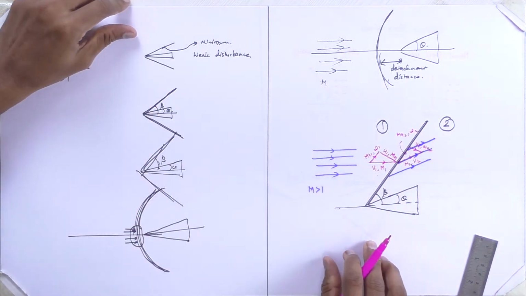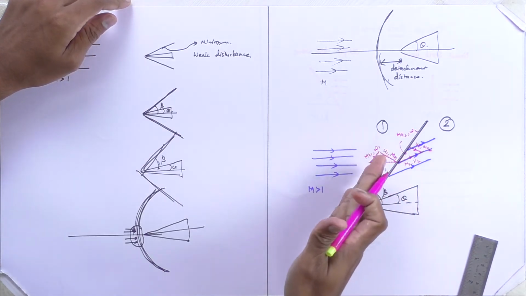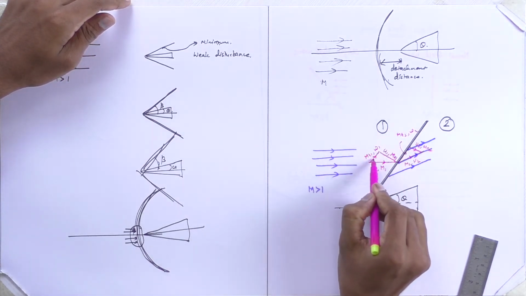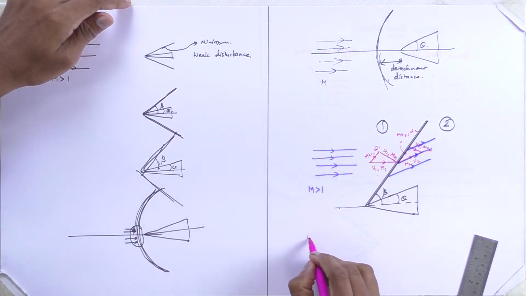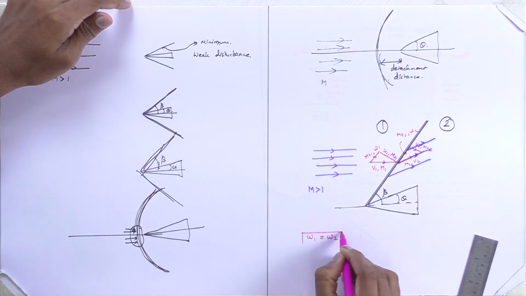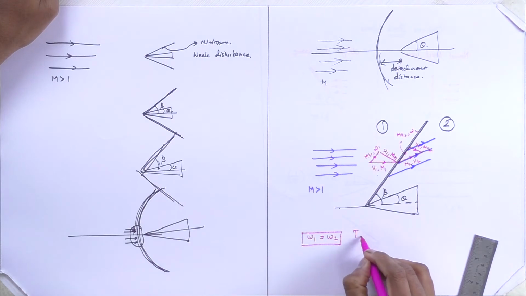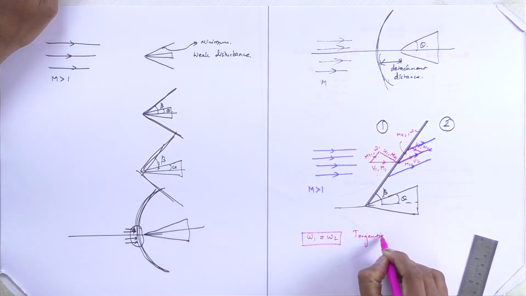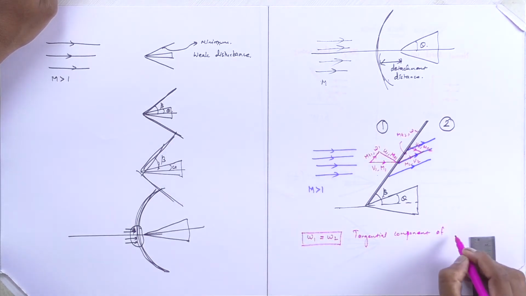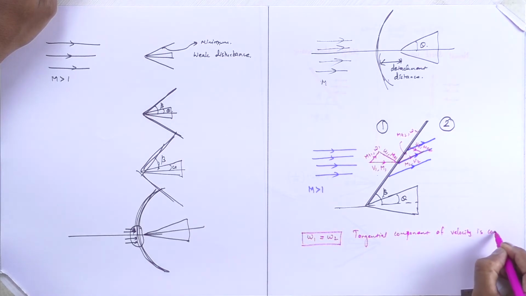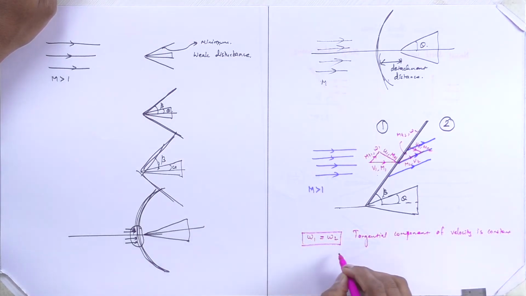If you look at the physics of this flow, the tangential component of velocity will be constant across this oblique shock wave. So w1 is equal to w2. The tangential component of velocity is constant across an oblique shock wave.